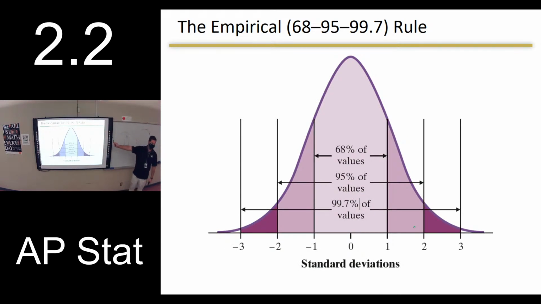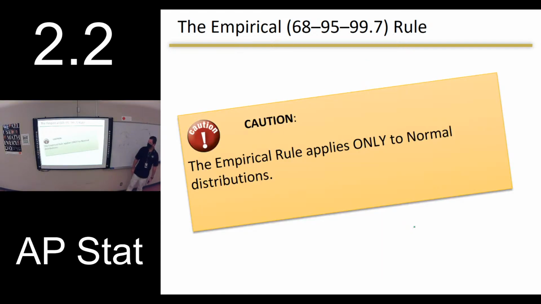Beautiful. Again, just another picture of it. When you draw one of these, you do not have to draw them accurate. You don't have to draw them perfect at all. Just get close. And then this is what I just decided. The empirical rule only applies to normal distributions.